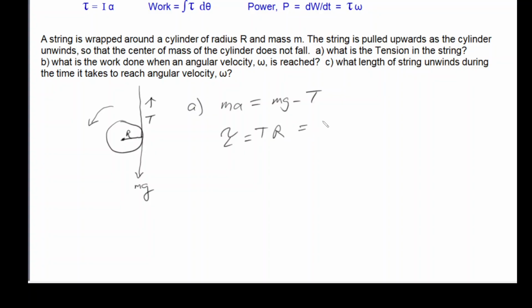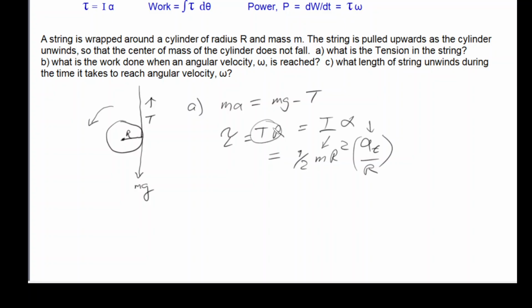And that's also equal to a moment of inertia times angular acceleration. And for a cylinder, that becomes I, which is 1/2 mr squared for a cylinder, times a tangential over r. This is the angular acceleration, and this is the moment of inertia.